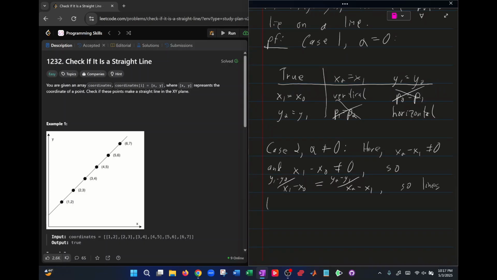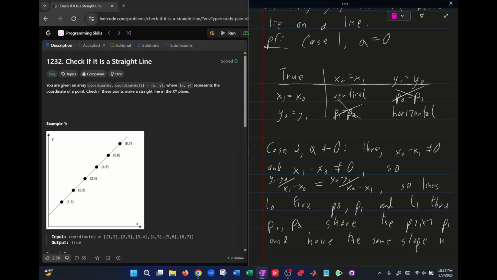So lines L0, through points P0 and P1, and line L1, which goes between points P1 and P2, share the point P1 and have the same slope m.